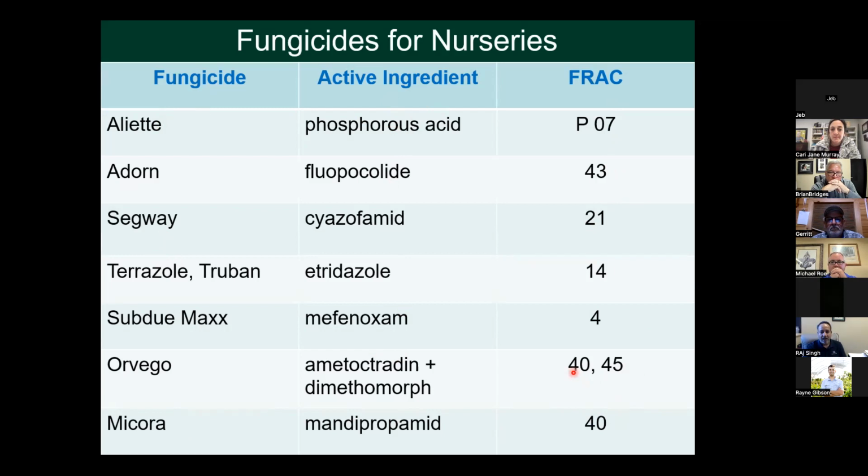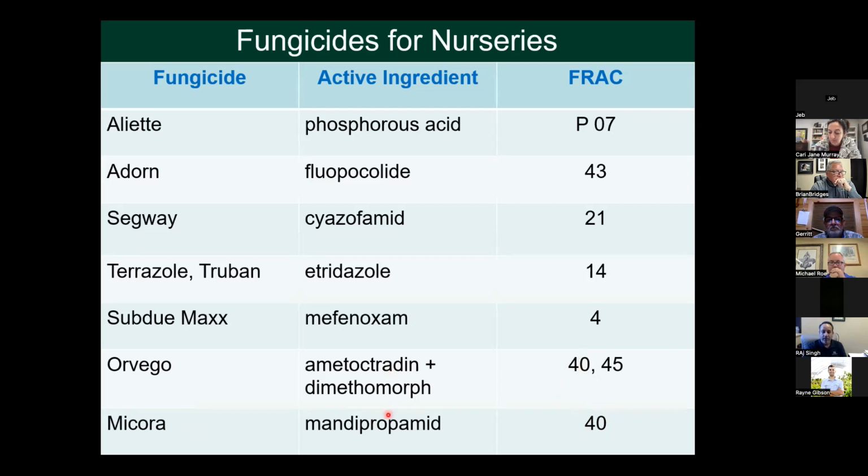But nowadays we have seen a lot of active ingredient combinations. If I recommend, or if you're using Arvego and Mycora, that means you have one active ingredient that is the same in both fungicides, so there is a higher chance that the pathogen may become resistant to that FRAC code. The FRAC code is the mode of action.